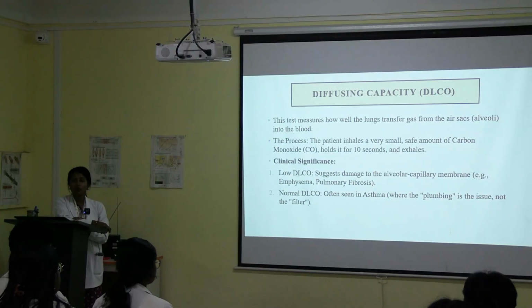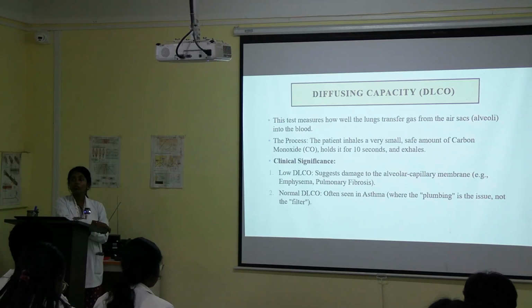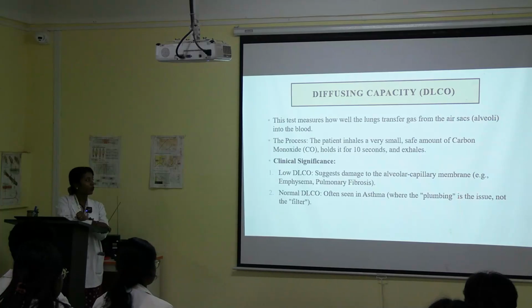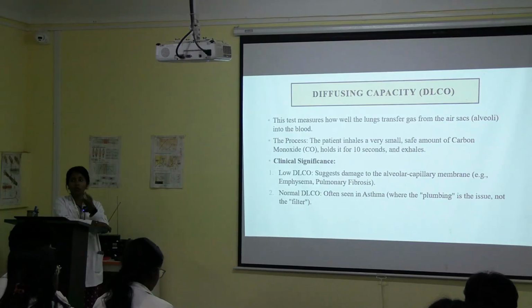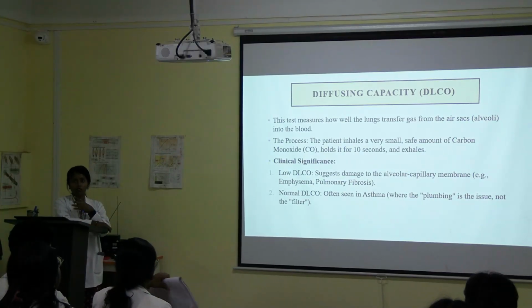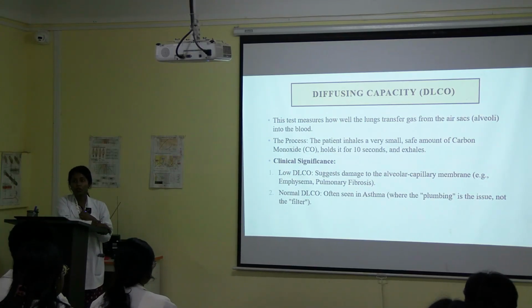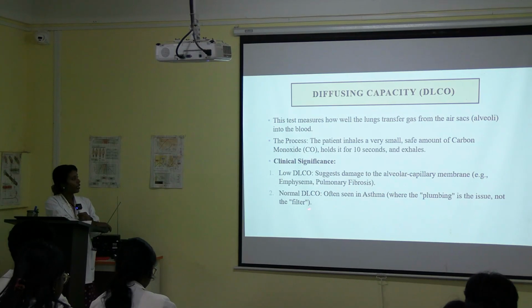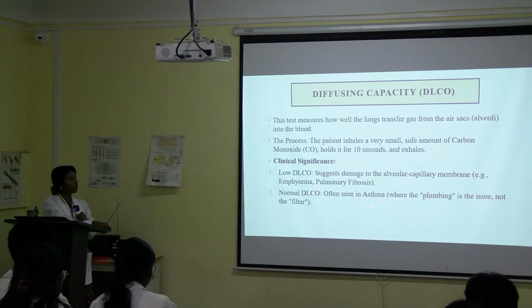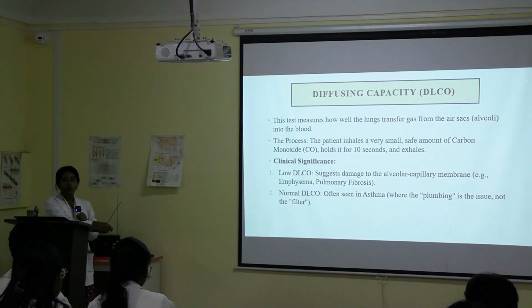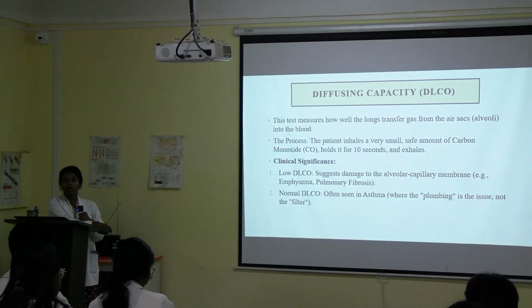Where is the pathology in asthma? It is in the bronchioles, terminal bronchioles, not in the alveoli. So the diffusion will be normal here. If it is normal, you can suggest asthma, and if it is low, it can be seen where the alveolar capillary is damaged, like emphysema and pulmonary fibrosis.